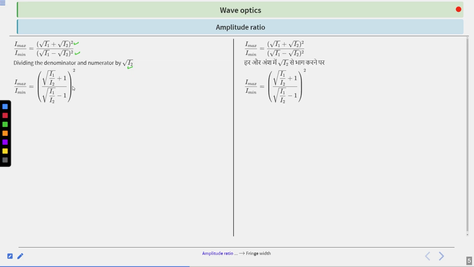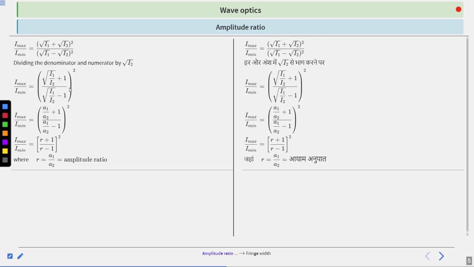This is just a simple mathematical calculation. So I max divided by I minimum is equal to A1 divided by A2 plus 1, since we know intensity is directly proportional to the square of amplitude. Similarly, A1 divided by A2 minus 1.